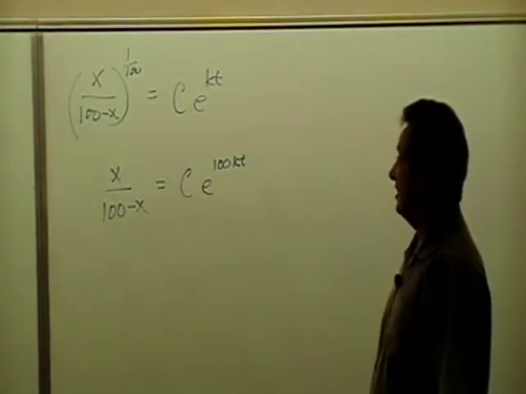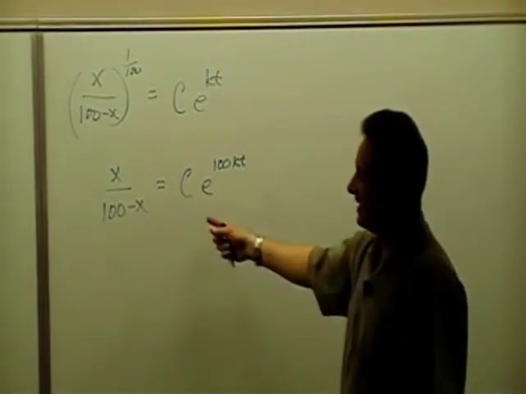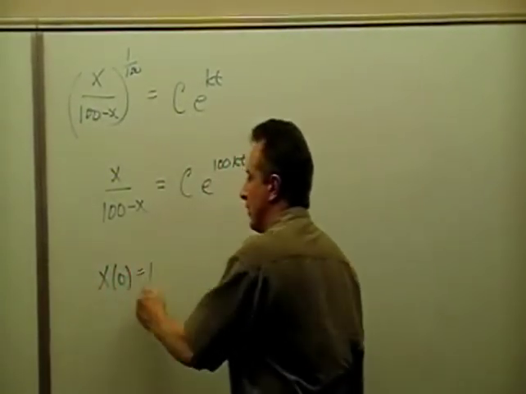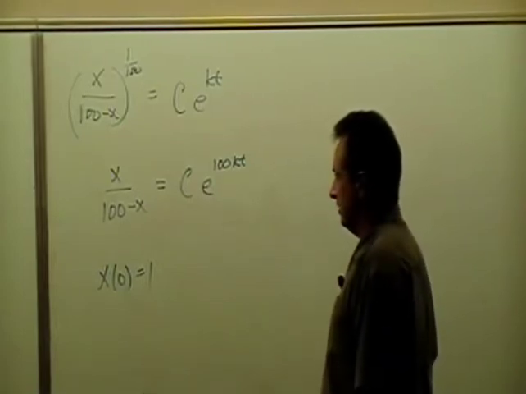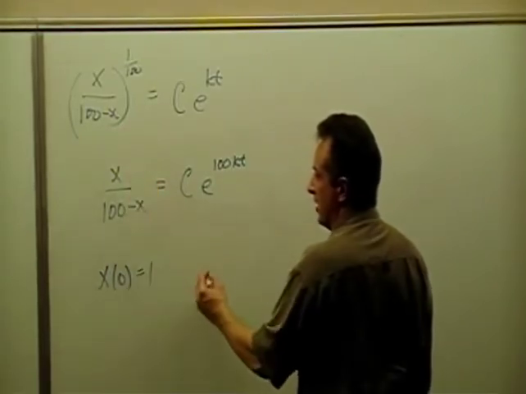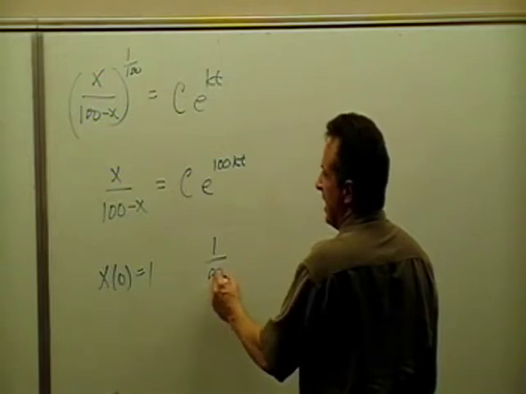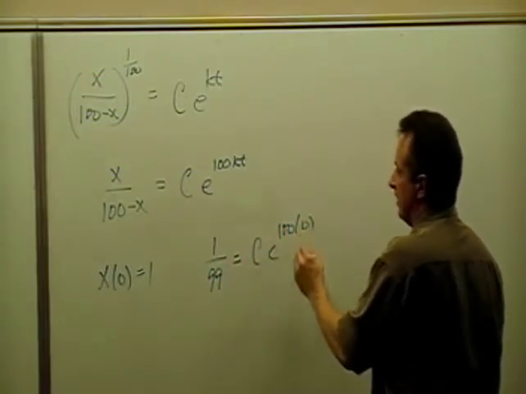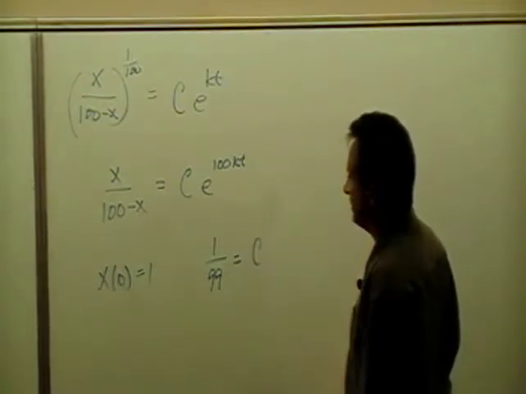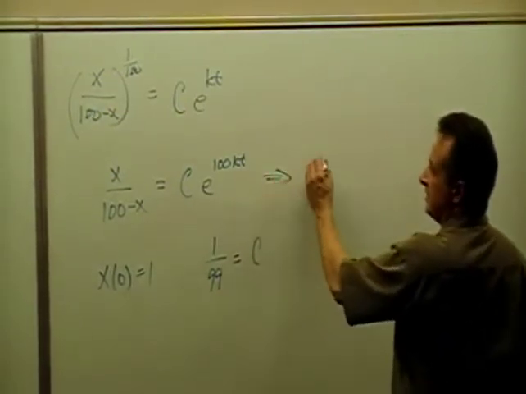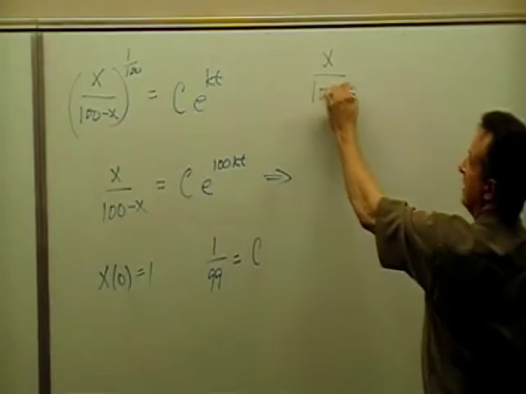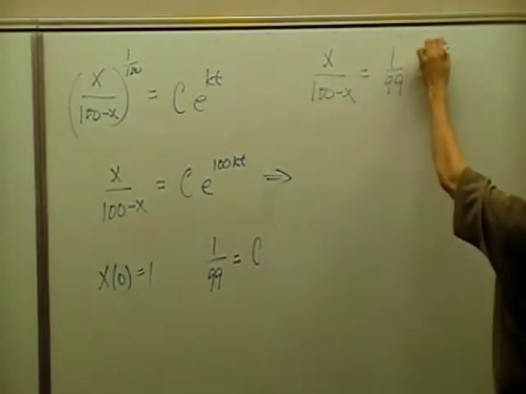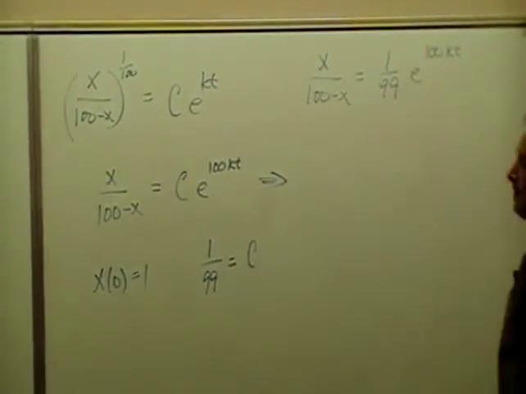So now I have this equation. Again, you can try to solve for x, but it's not necessary yet. We have a condition at t of 0, where we have only one infection. So that means x is 1, so I have 1/99 equaling C e to the 100 times 0, or e to the 0, which is just 1, so you have C equaling 1/99. So this is x over (100 minus x) equaling 1/99 e to the 100kt.